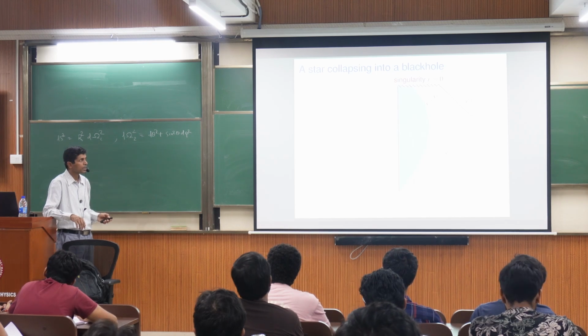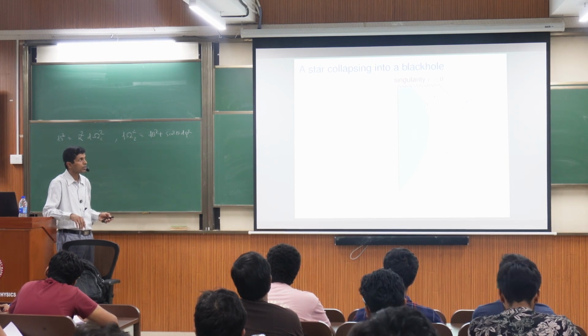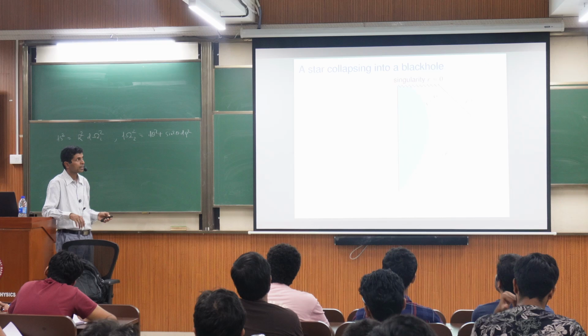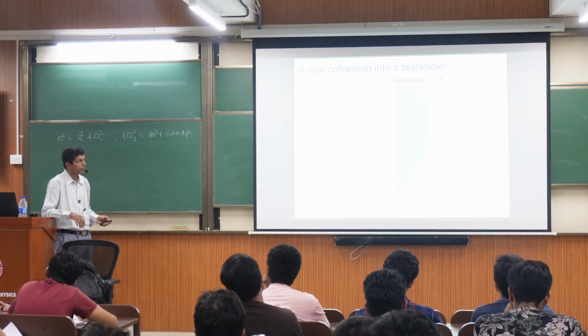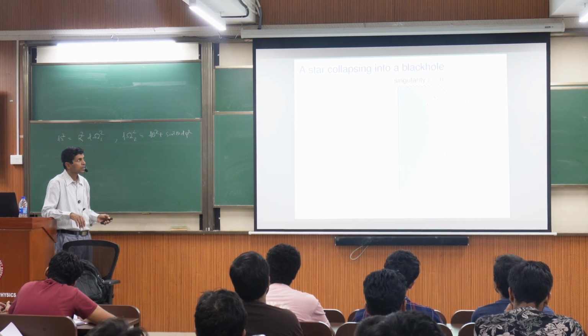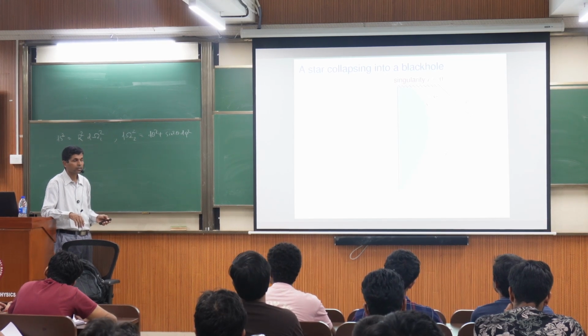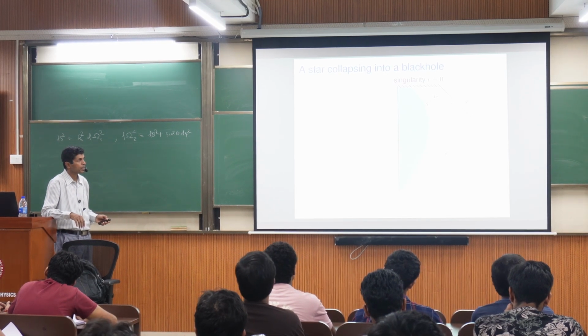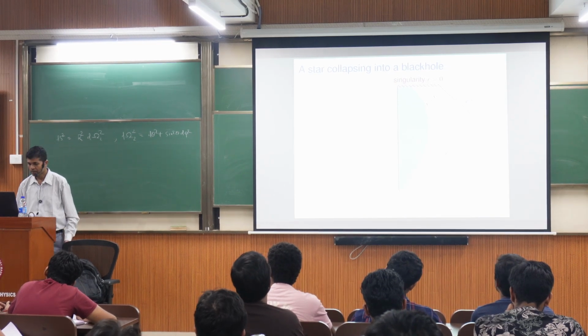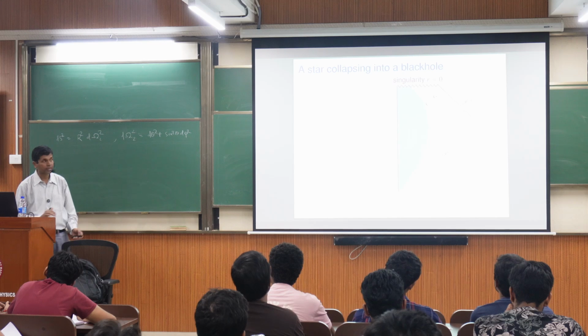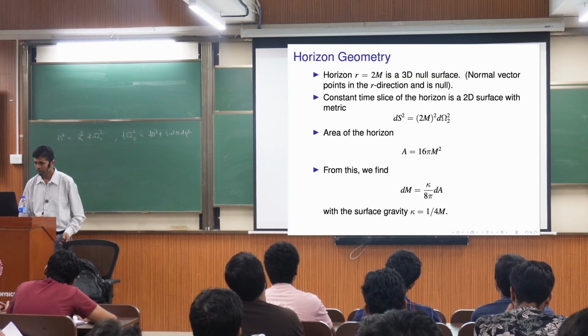Then it is eventually going to contract and it will turn into a black hole. So this is the Penrose diagram of a star turning into a black hole. And as you can see, after r equal to rs, everything goes and hits the singularity. Okay.